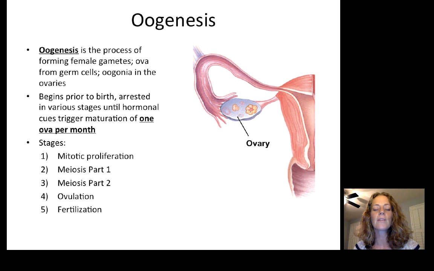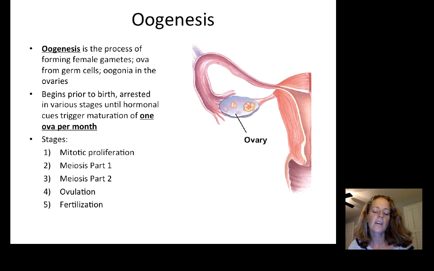This begins prior to birth and is arrested in various stages until hormonal cues trigger maturation of 1 ova per month. So the stages of oogenesis are complex, and it starts with mitotic proliferation. It goes through meiosis, but meiosis is unusual in oocytes.